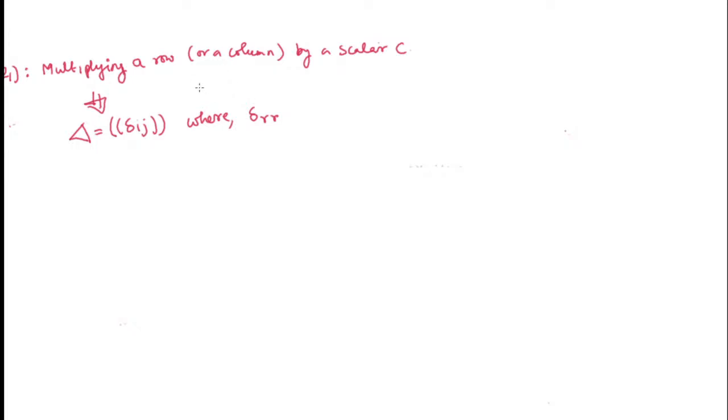I will discuss this with an example. Delta rr equal to C. This is a Kronecker delta. Delta rr equal to C, delta ii equal to 1 if i not equal to r, and delta ij equal to 0.